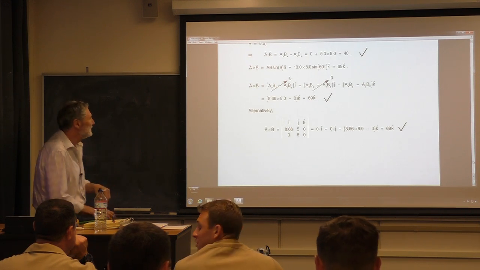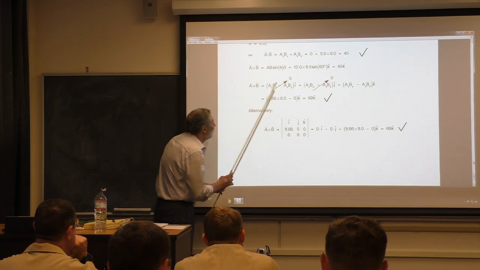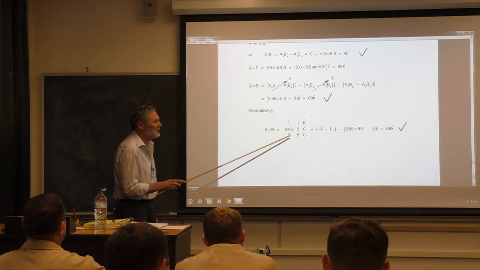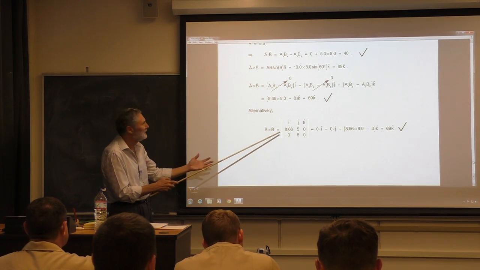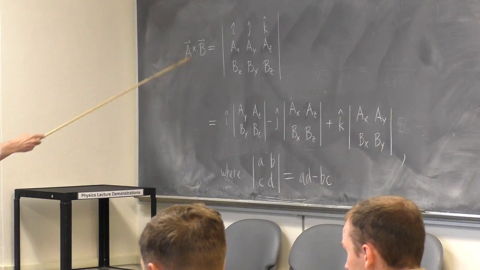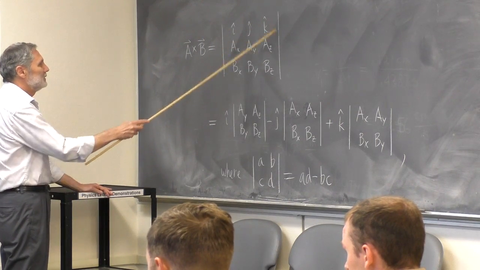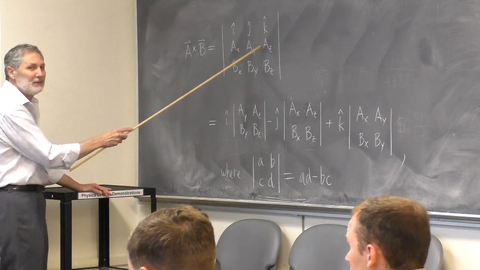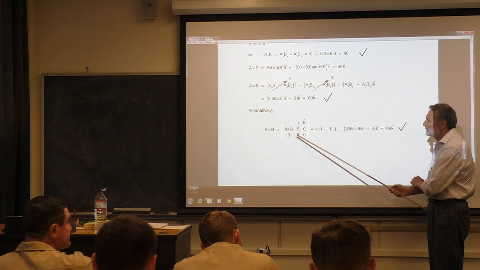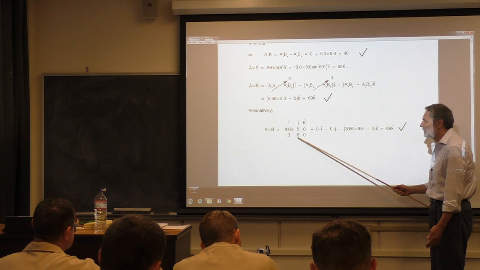Now, we can do it. This is essentially the same, but instead of using this, which I gather most of you are going to be doing, if you want to do it this way, we can. This is kind of compact. We just fill in the matrix here. The bars mean the determinant of this matrix. We fill in the values: we got the i, j, k, and here's AX, AY, AZ, and there's only a BY.